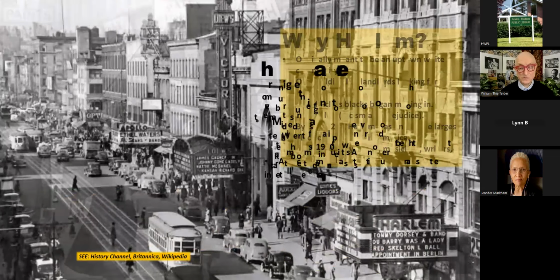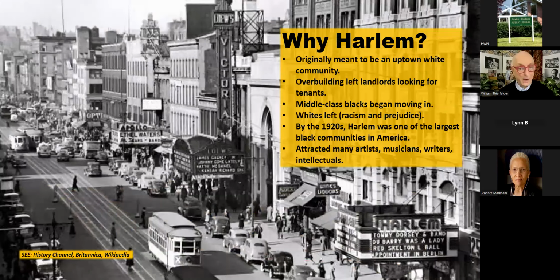Now, this next slide poses the question, though, why Harlem? What about Harlem made it ripe for this New York Renaissance, this Harlem Renaissance, as opposed to, let's say, Queens or Brooklyn, for example? Well, one of the main factors was that Harlem was originally meant to be an uptown community for white owners.